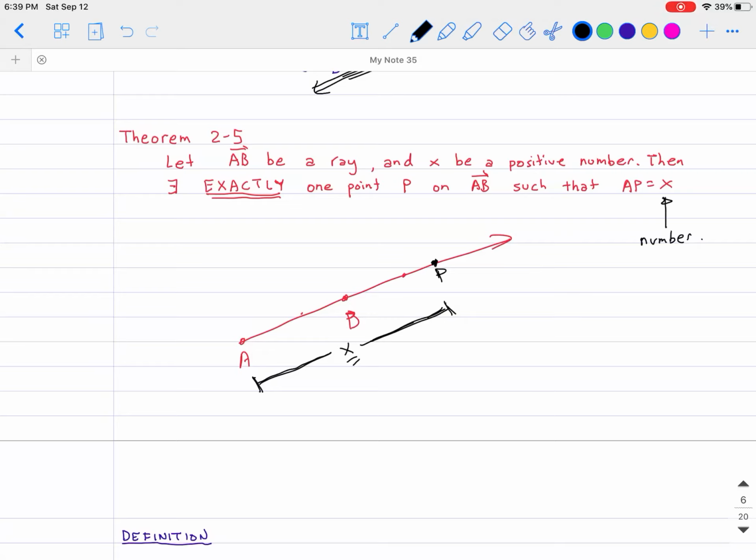Okay. Now, as we said earlier, I'm going to go ahead and prove by contradiction, because this is a uniqueness proof.